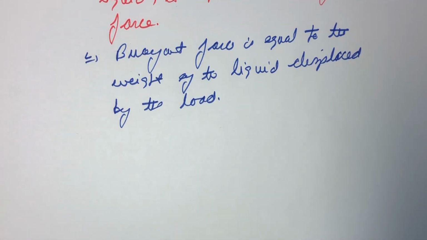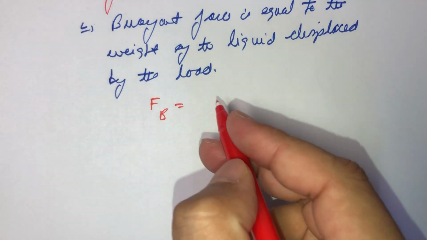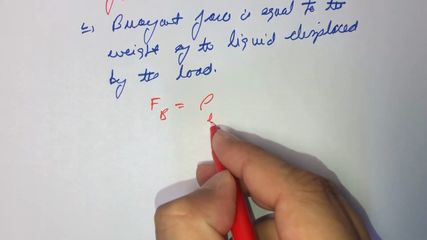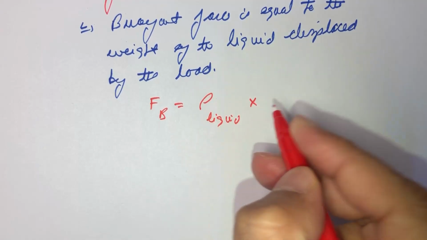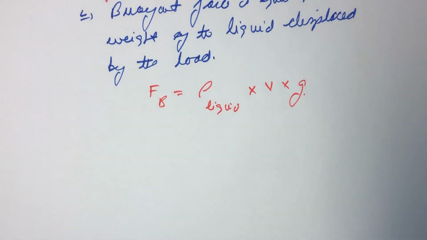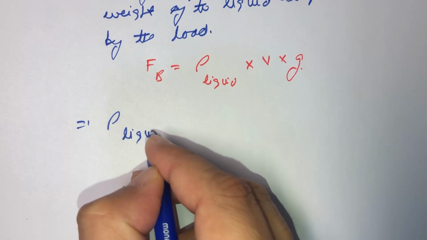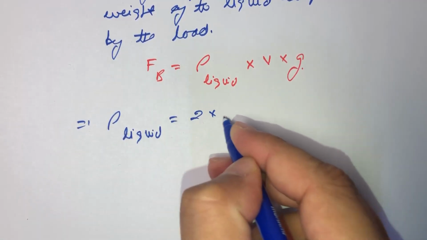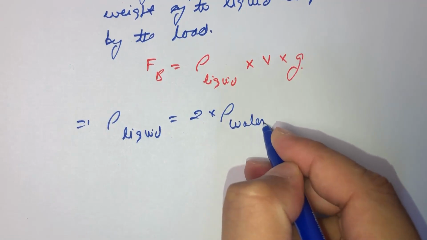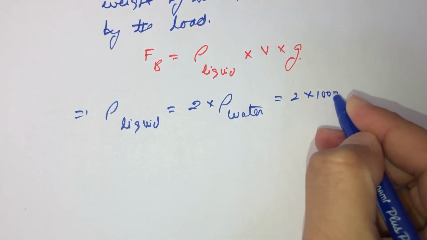So buoyant force we know is represented as FB, so we can write our FB will be equal to density of the liquid multiplied by volume of the load and multiplied by g. And the relative density, the density of the liquid, is also given in relative terms. So we can write that the density of the liquid is equal to twice the density of water. And density of water is 1000, so this will be 2 multiplied by 1000.